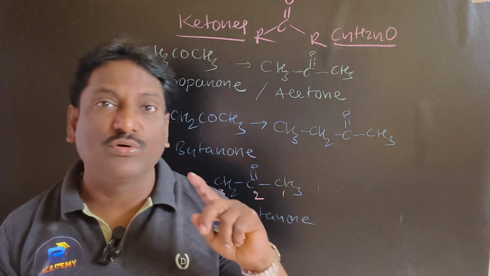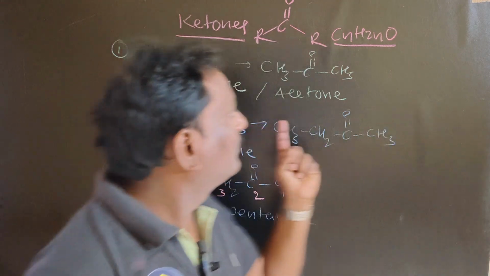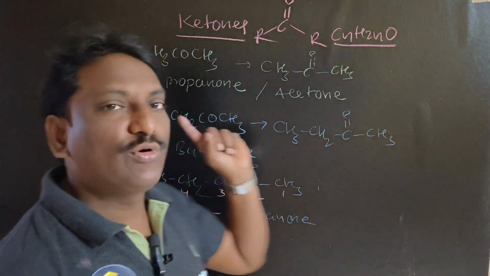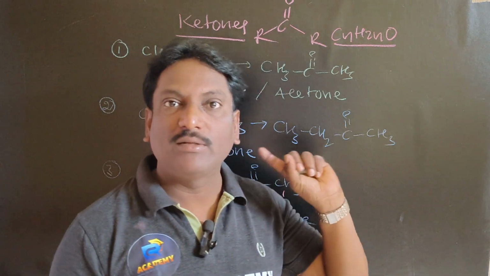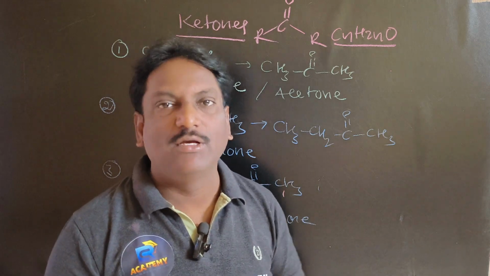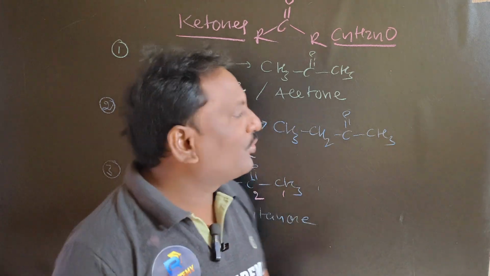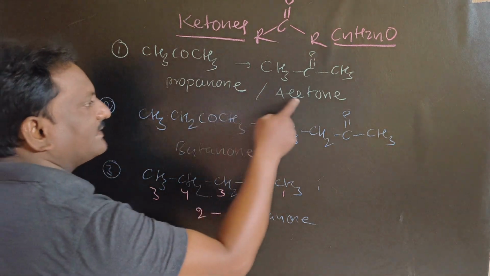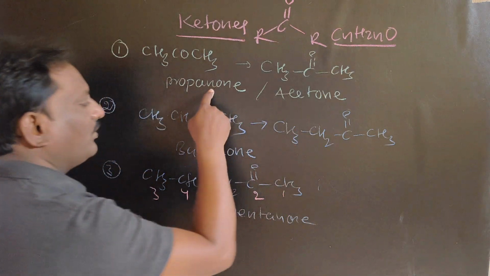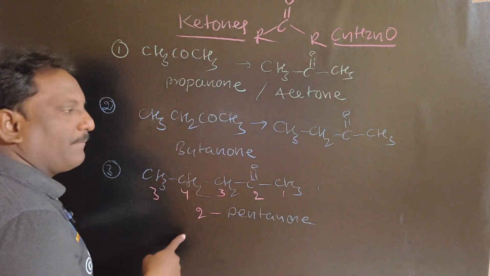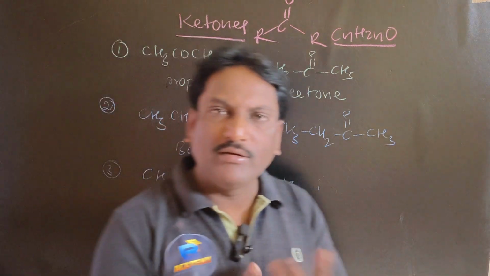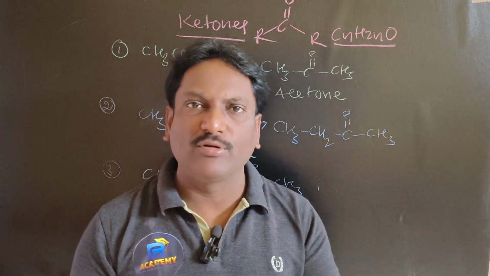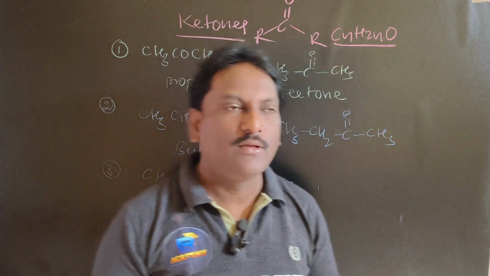So that's why there is no ethanone, and there is no methanone as well. But propanone exists, propanone onwards. Propanone, also called acetone, butanone, pentanone. If you want, you can write hexanone or heptanone, that's not a problem.